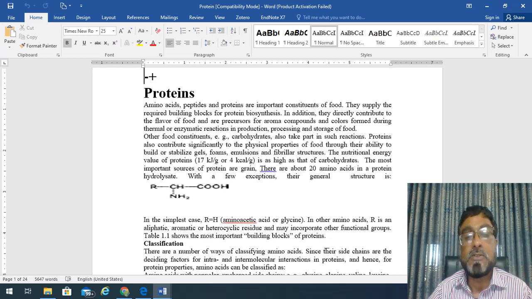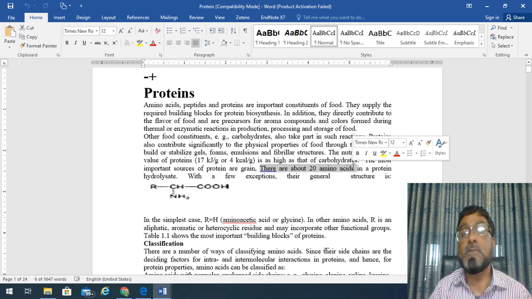Talking about the proteins, as we know, the amino acids are the building blocks for the proteins, and there are about 20 amino acids in the protein.